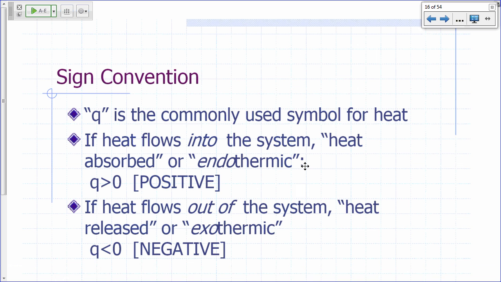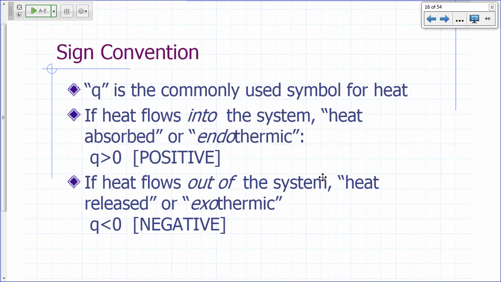All right, some sign conventions when we're dealing with heat and work. In the case of heat, the letter Q is a commonly used symbol for heat transfer. If heat goes into a system, then the energy of the system increases, so we assign a positive value for heat. When a system absorbs heat, we're looking at a process that is endothermic.